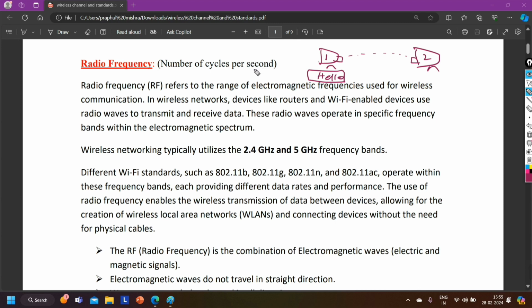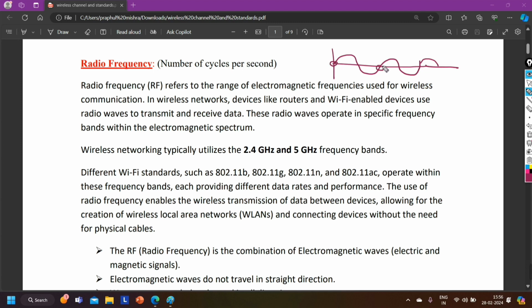As we discussed in the last class, in wireless networking my data is not going to flow in a straight direction. My data is going to flow in all directions, like in a wave, like this. Not like this. So the signal completing how many cycles per second is known as frequency. Let me draw one diagram over here. See, the wave is starting from here.